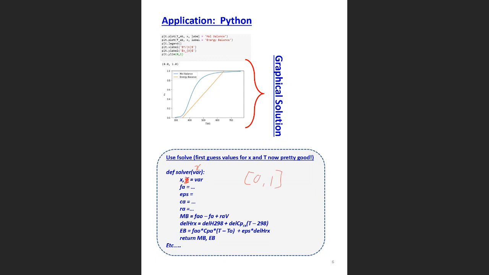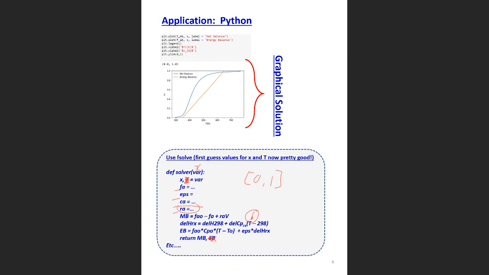Okay. Now, I am still solving for those two equations. But instead of returning that energy balance over there, I am going to use algebraic equations to, okay, now you've guessed X, I can calculate FA, I can calculate epsilon, I can calculate RA. But okay, no, I can't calculate RA because I need to calculate the temperature first.